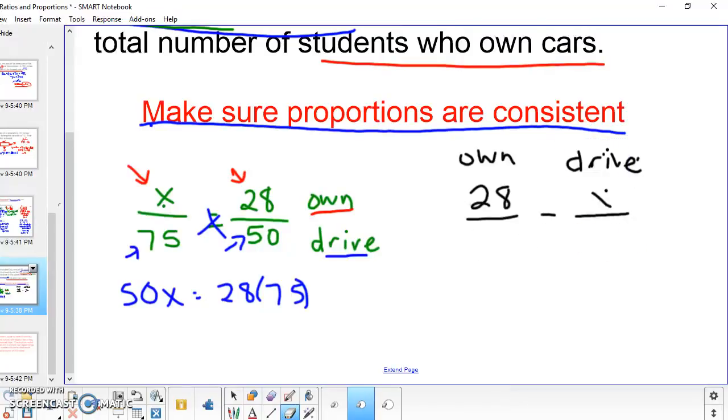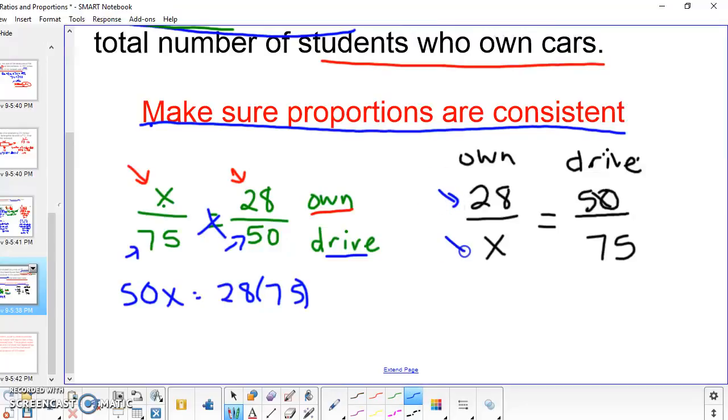Try that again. 28 own out of the 50 who drive, and of the 75 who drive, how many own? So as you can see, it's easy to mix it up, but go back and double check yourself and say, okay, I have 28 who own, and this is what I'm trying to figure out, how many owned. And then I've got 50 who drive, and I have 75 who drive.